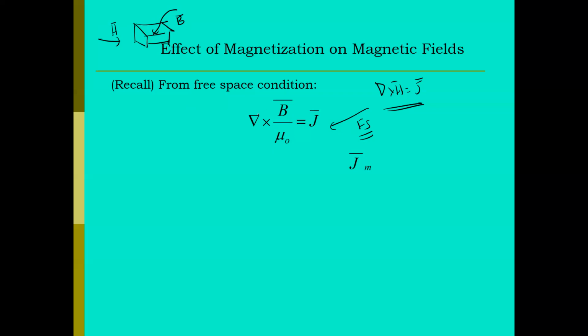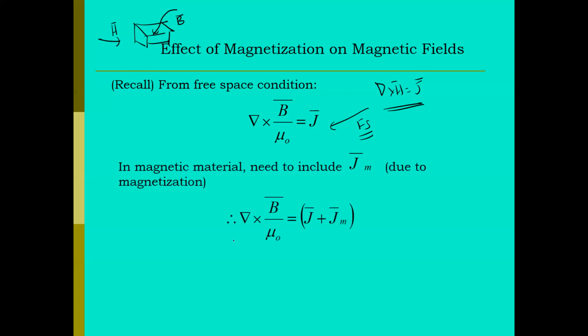For this, as I mentioned, we have to start with Maxwell's equation, the curl of H equals J in a free space condition. When we consider this equation in your material, the current density in the magnetic material will need to include the volume current Jm, which has been discussed earlier and is due to magnetization.